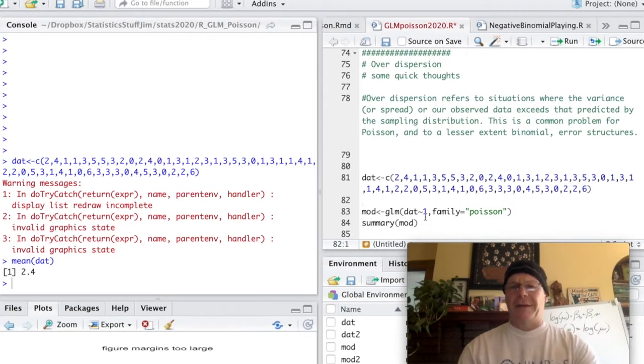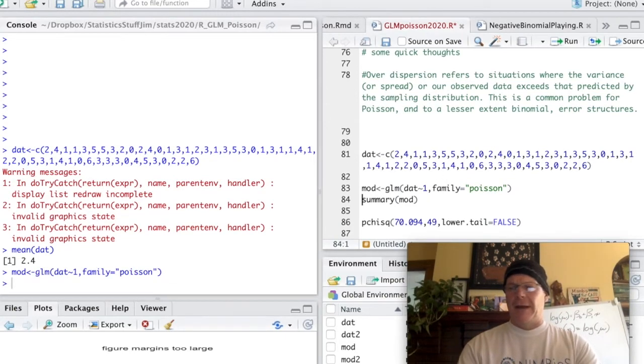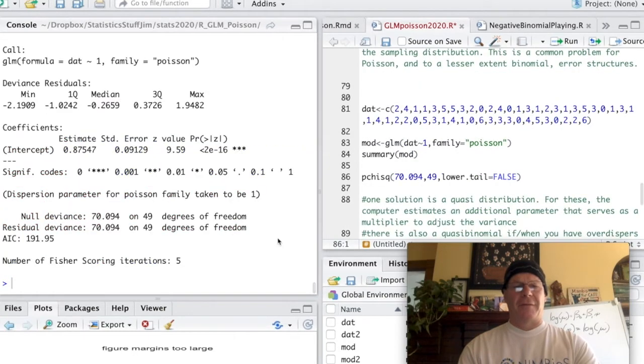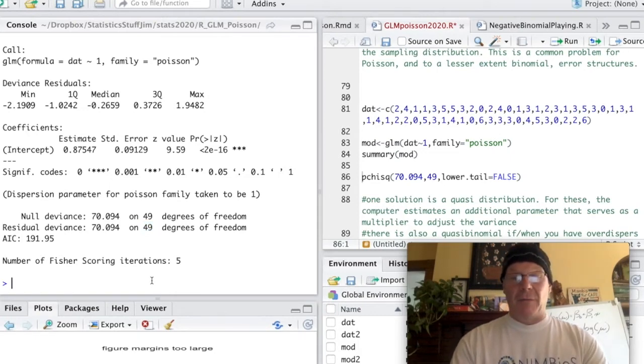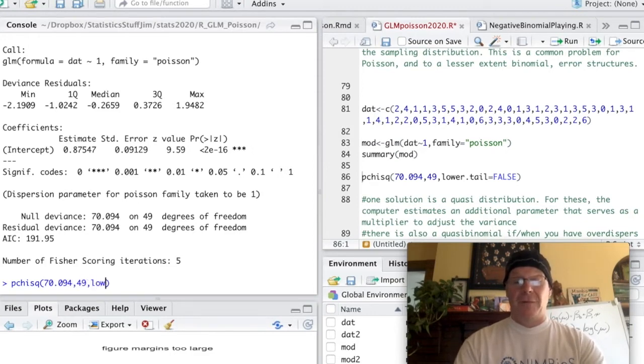I'm going to go ahead and run that, and then look at the summary of this model. Here again, our first check is the deviance. The deviance is a little bit bigger than the degrees of freedom, so maybe I want to see what that looks like. I can use pchisq with 70.094 and 49 degrees of freedom, with lower.tail equals FALSE.